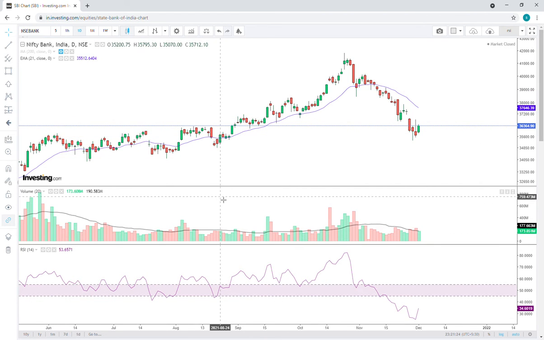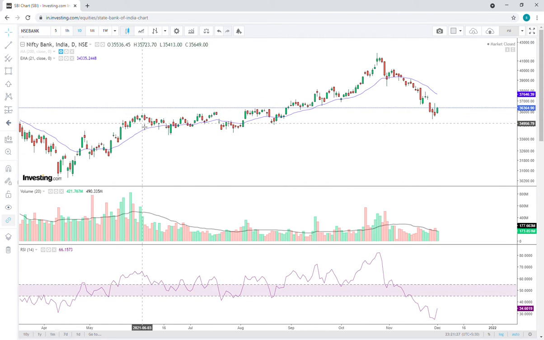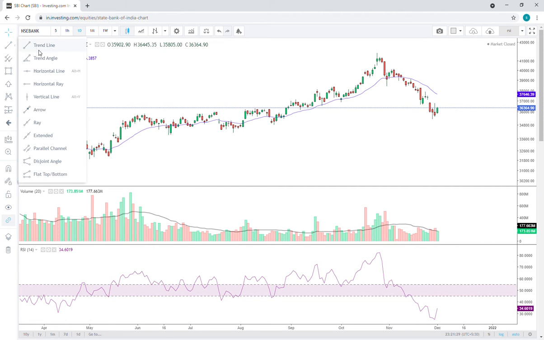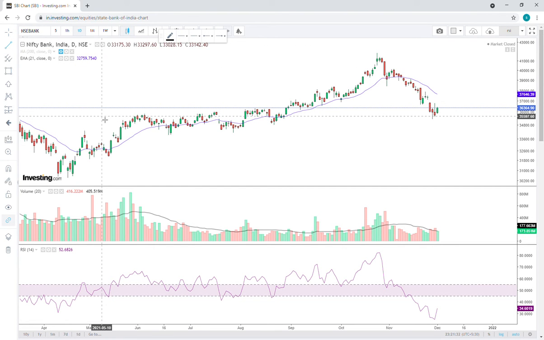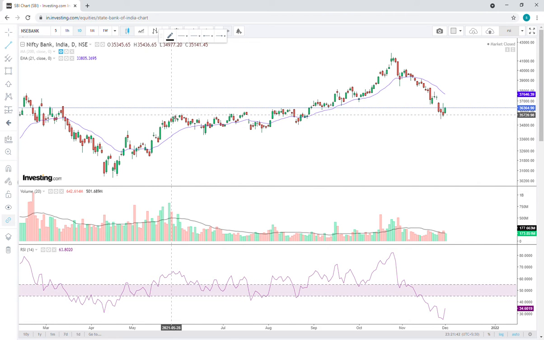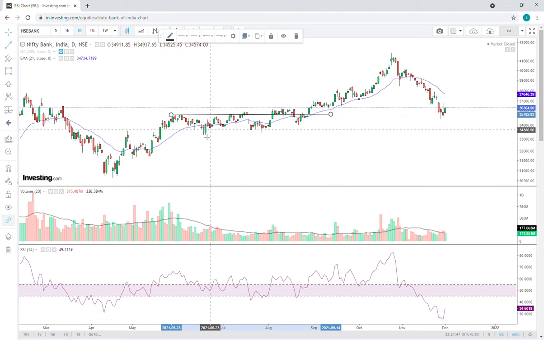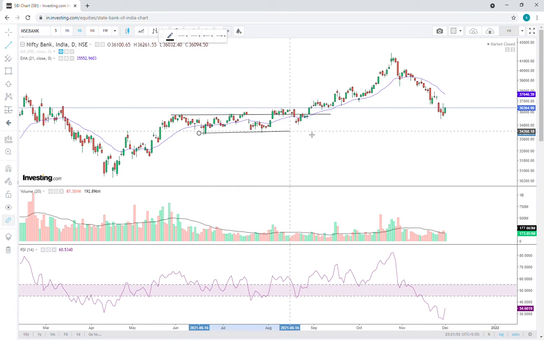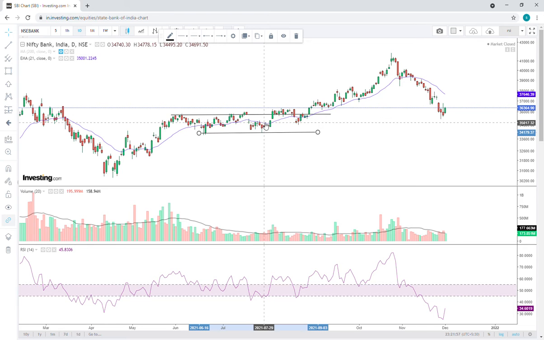Let me delete the things and draw the charts from the beginning. So we can see that that was the range. You can see this was the range.